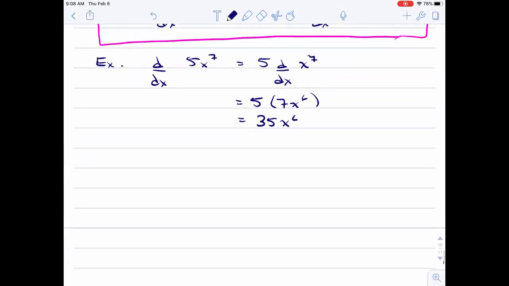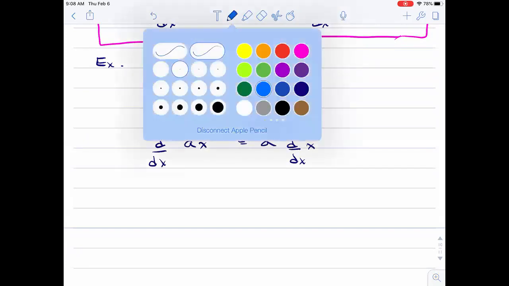Even something like d dx of ax, that's a times d dx of x. Remember x to the power of 1, essentially, right? Kind of an invisible power of 1. Maybe I'll use a different color here.